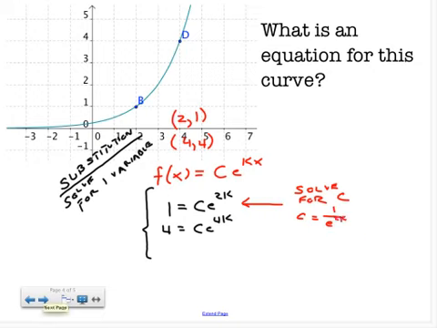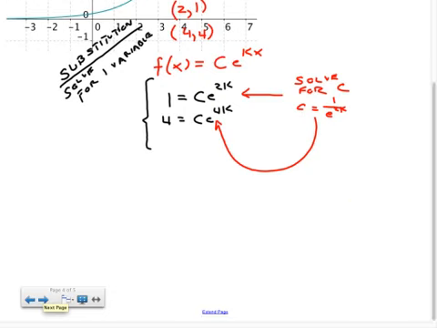I'm going to take that answer and plug it into equation 2. When I do that, I should get an equation that only has k's in it, and then I can solve for k, and then go back and solve for c after that. Okay, so let's see here. 4 equals, I'm going to replace the c with 1 over e to the 2k, times e to the 4k.